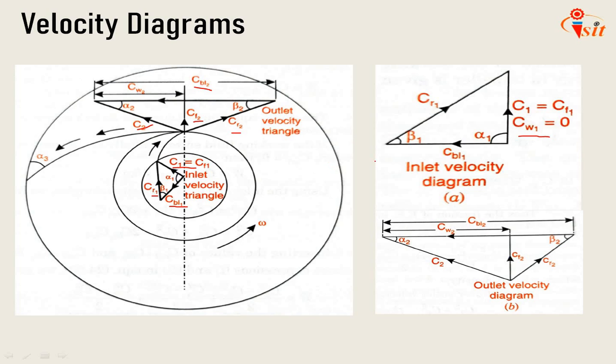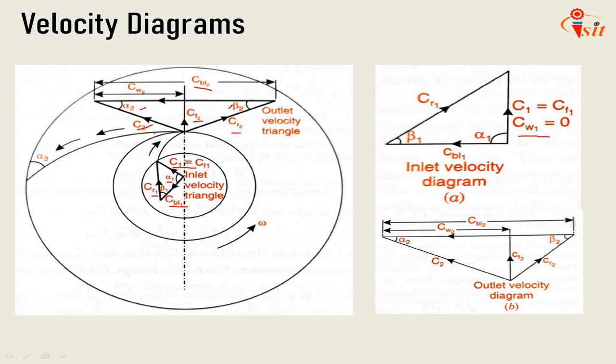Alpha 1 is shown here. Alpha 1 is the exit angle from the guide vane or inlet angle of the guide vane. Beta 1 is the inlet angle to the rotor or impeller. Beta 2 is the outlet angle from the rotor or impeller. Alpha 2 is the inlet angle to the diffuser.